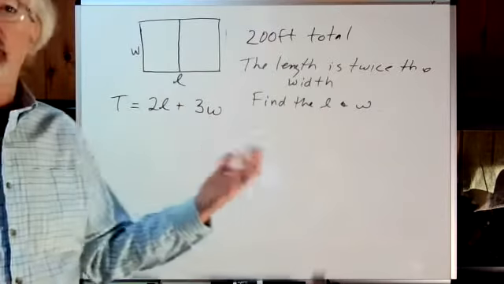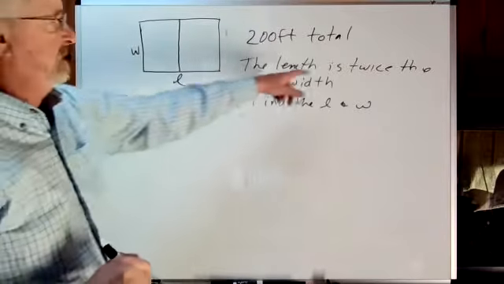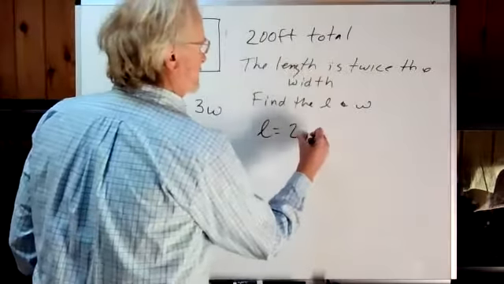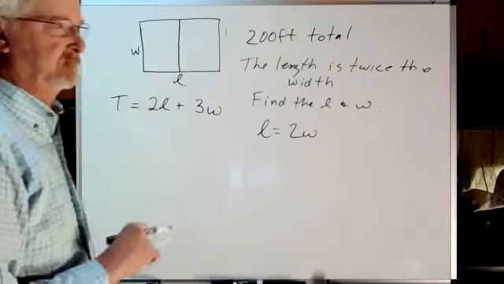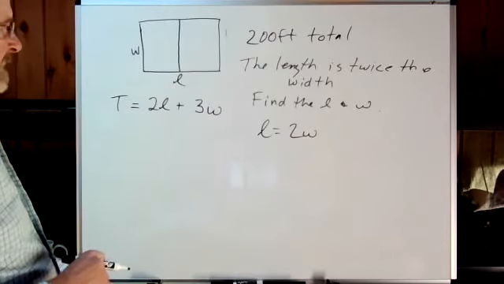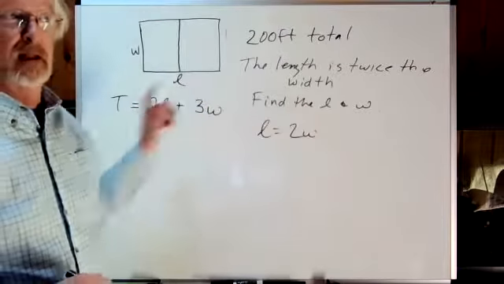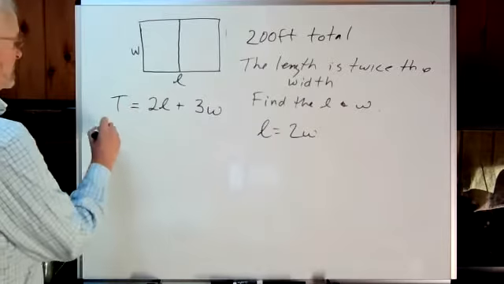And now I'm going to try to do the same thing I did with the basic rectangle a minute ago. The length is twice the width. Well, the length is just 2 W's. Made it easy expressions for myself at the moment. And now I'm going to basically substitute that for the L in this thing that I made up over here. Now I know the total is supposed to be 200.